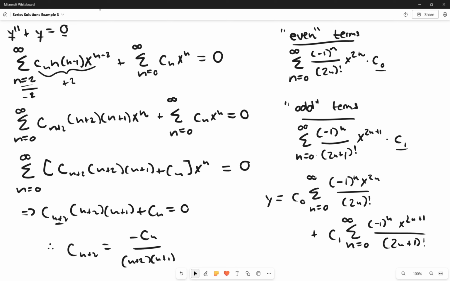And this is the solution as a series to the ordinary differential equation y double prime plus y equals 0.